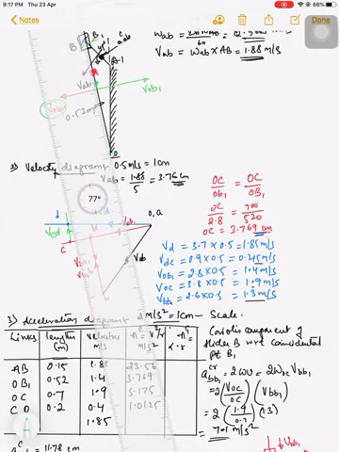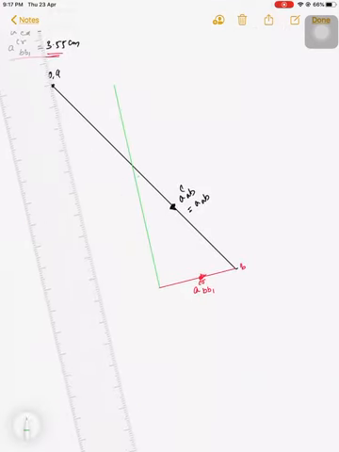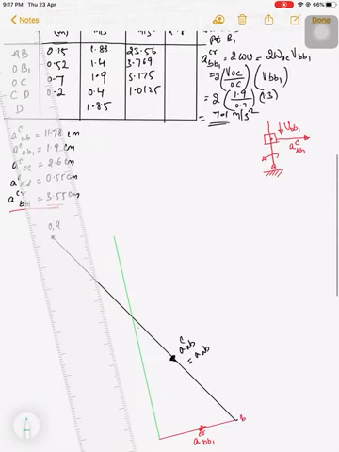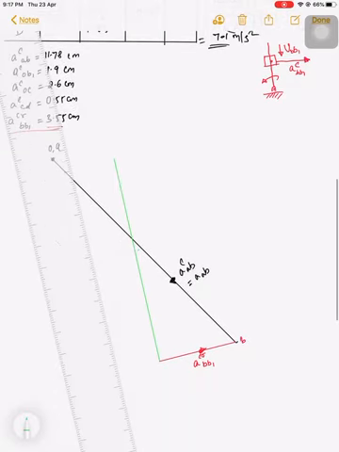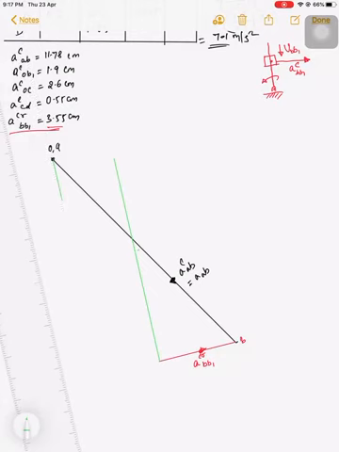So initially I am going to draw a parallel line from point O, and we know the value: OB1 is 1.9 centimeters. So I am going to draw 1.9 centimeters. This is the tangential or centripetal or radial component of BB1, in this direction.